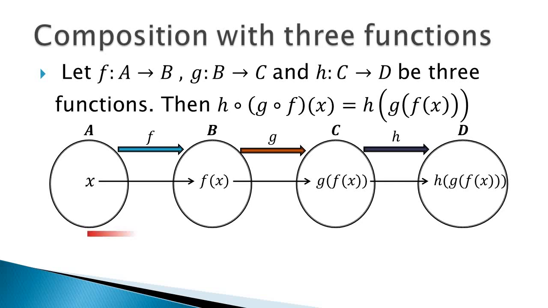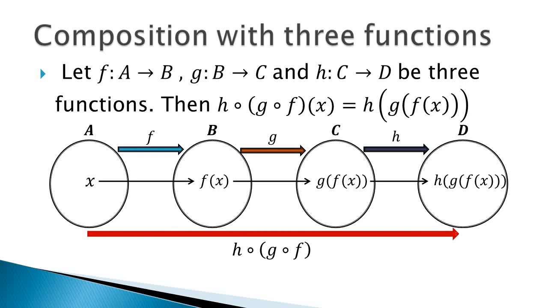That's how we can combine these three functions into a single composite function like this, directly from the set A to the set D. That means in this way the composite function will map the element x onto its image h of g of f of x directly. So that's how we can combine two or more functions.